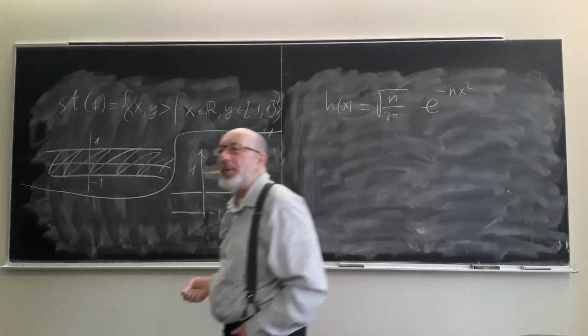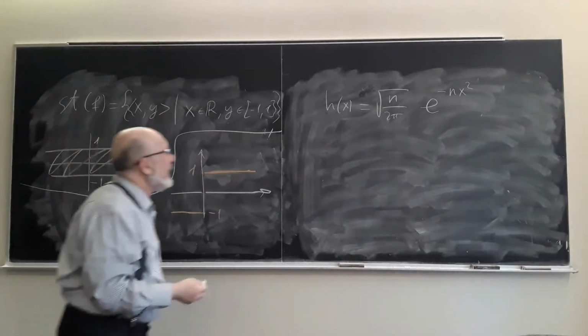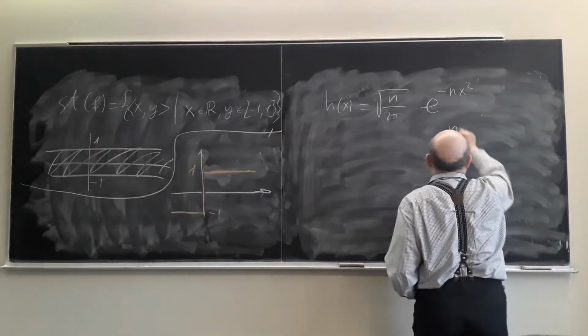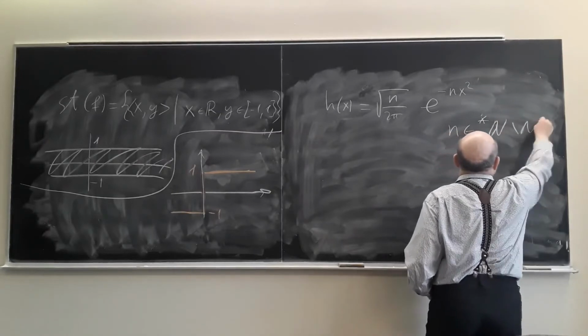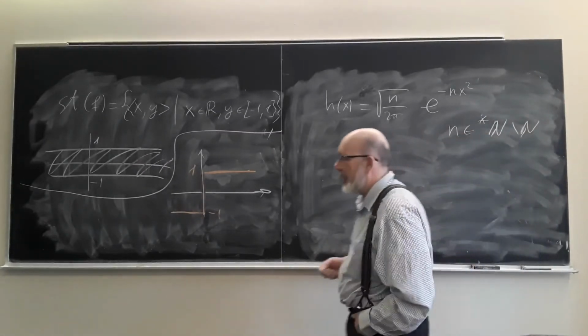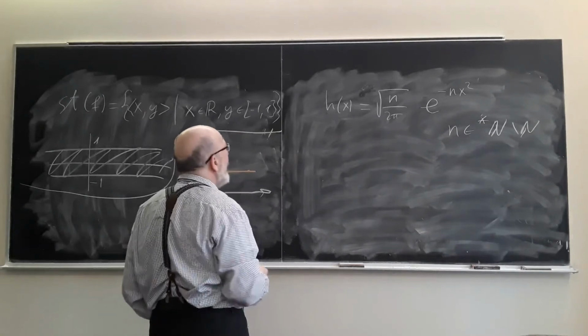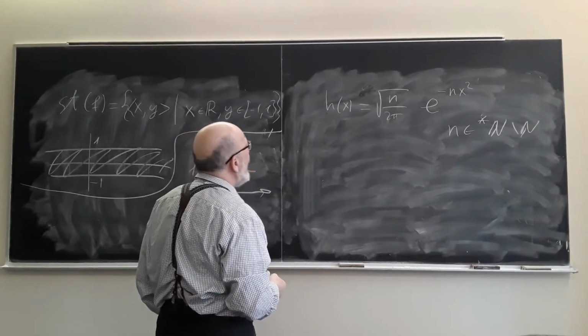So it's a Gaussian function, and again n is infinitely large.